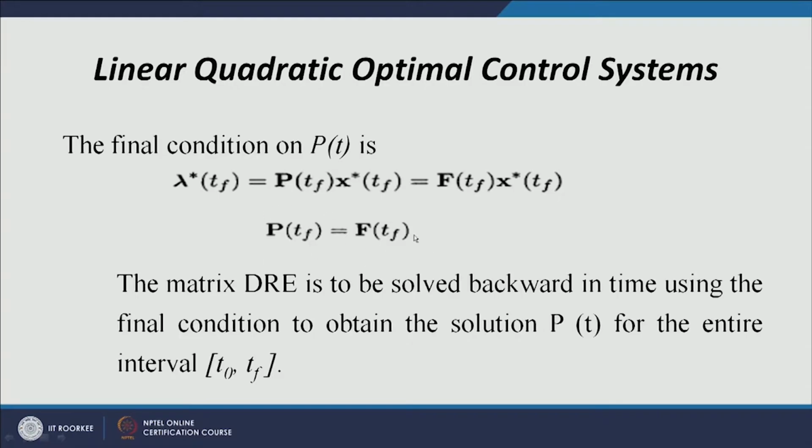This means Ptf is f of Tf. So, this is the matrix differential Riccati equation. This has to be solved backward in time, using the final condition to obtain the solution Pt for the entire interval T0 to Tf.